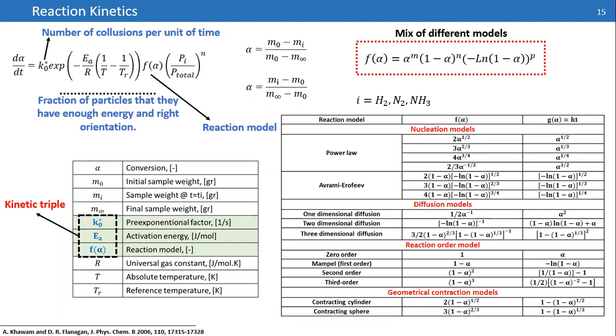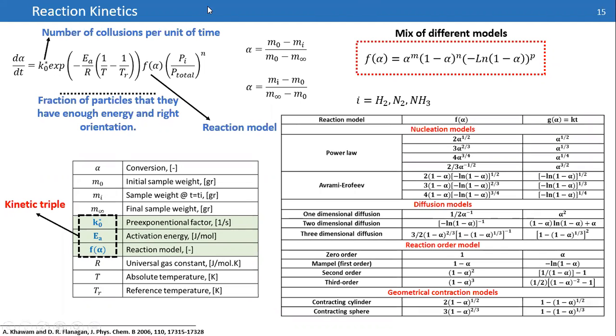But based on collision theory, reactants need enough energy and the right orientation, so you define this exponential term, the fraction of molecules that have enough energy to react. f(alpha) is the reaction model for a non-catalytic system.